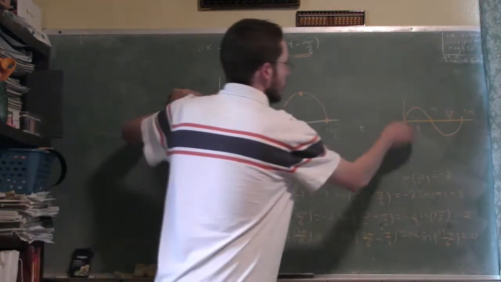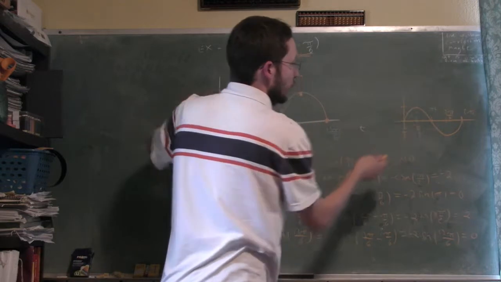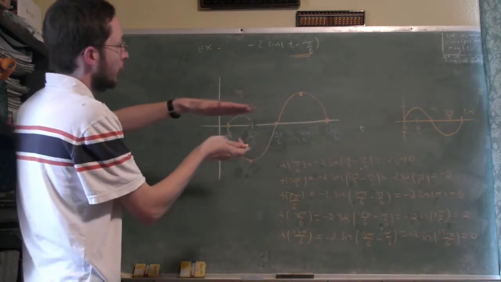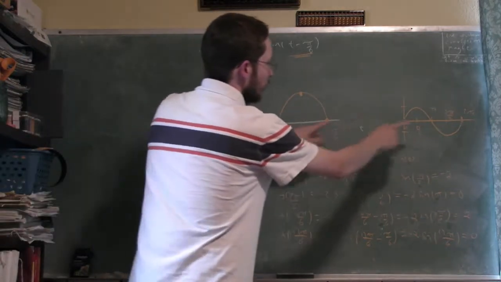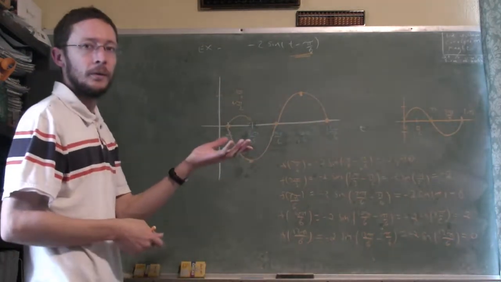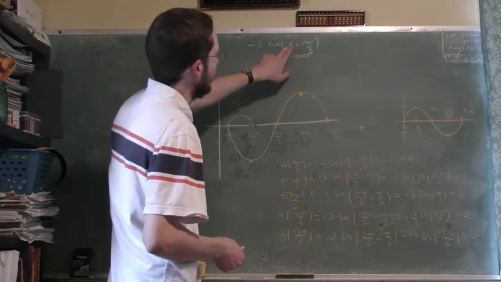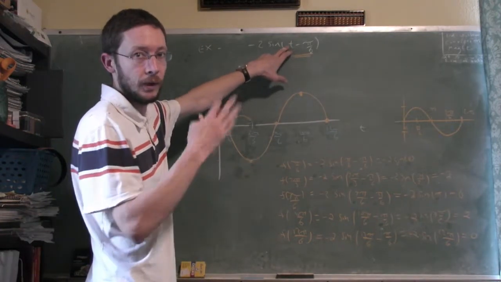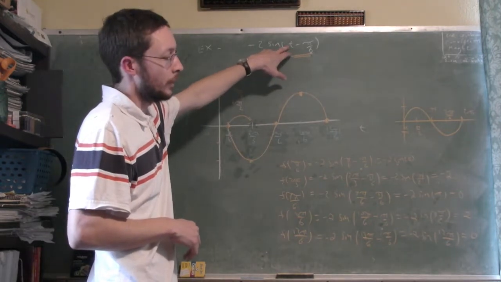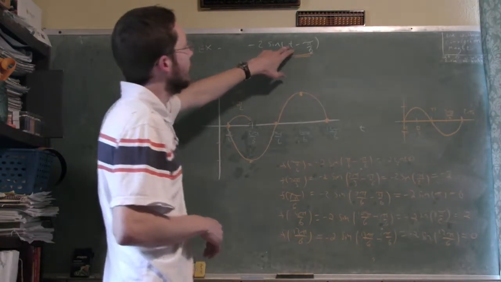Well, the original one has a range of plus and minus 1. This one doubled in size. The period, 2 pi, matches the period of 2 pi of the original, because the coefficient of the t value is 1, so the period doesn't change at all.